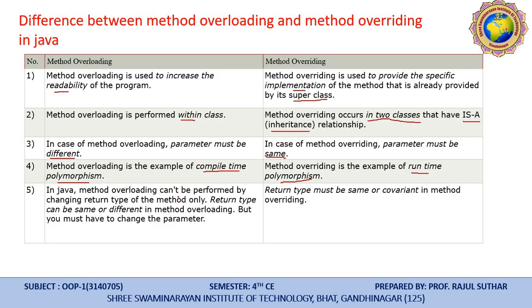In Java, method overloading can't be performed by changing the return type of the method only. Return type can be the same or different in method overloading, but you must change the parameter. In method overriding, the return type must be the same. So these are the points related to the difference between method overloading and method overriding.